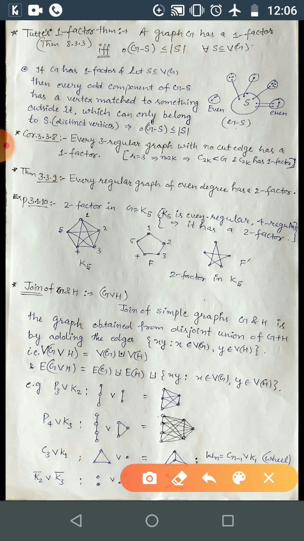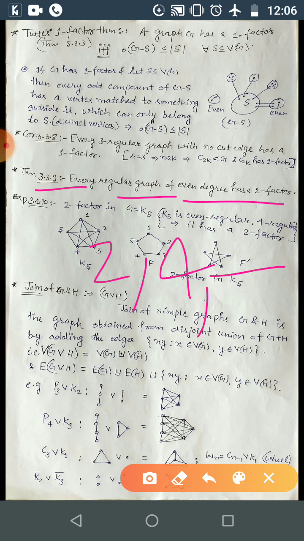Now you can come to the theorem number 3.3.9. Every regular graph of even degree has a 2 factor.